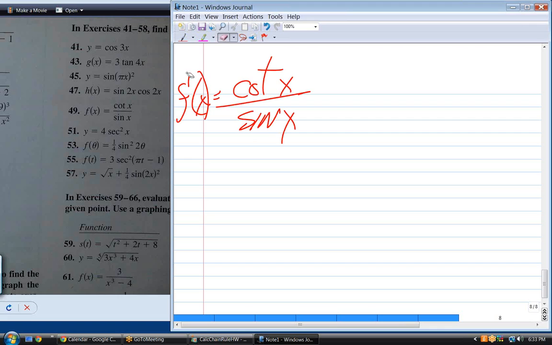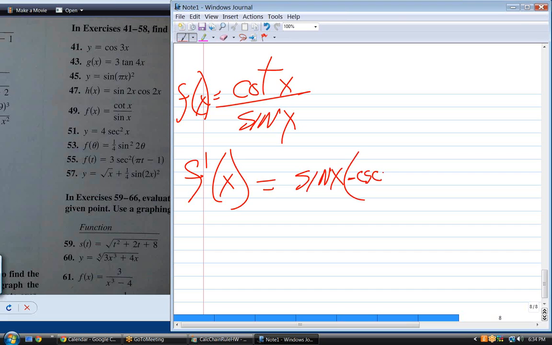Oops, that's f of x. What's f prime of x? Would be sine x times negative cosecant squared x. No, the derivative, oh, excuse me.